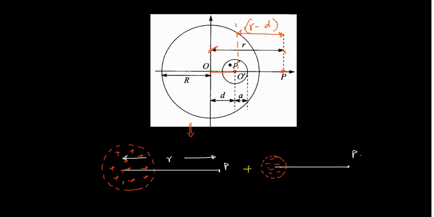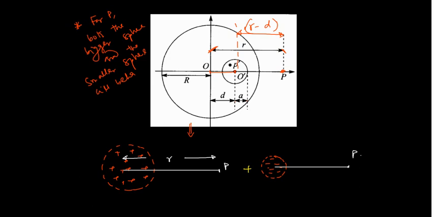And the ironical thing is that for the bigger sphere as well as for the smaller sphere, P is an external point. So, a very important point I will quickly note: for P, both the bigger sphere and the smaller sphere will behave like point charges.